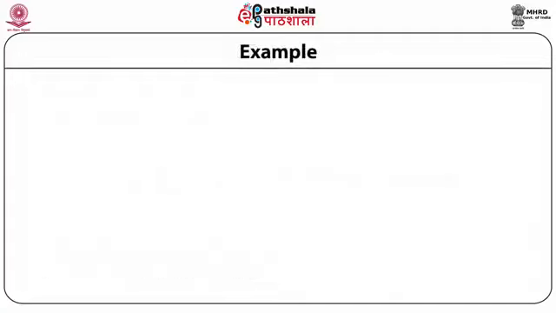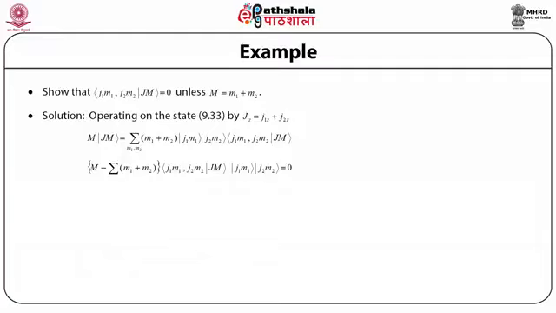So we will now show that the Clebsch-Gordan coefficient, or this scalar product of |J, M> with the product states |j1, m1, j2, m2>, is equal to 0 unless capital M is equal to m1 plus m2. Let us operate on the state by the Z component Jz, which is equal to J1z plus J2z. So our state is |J, M>.